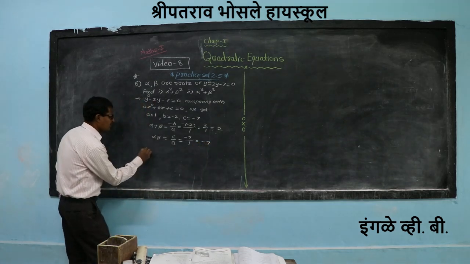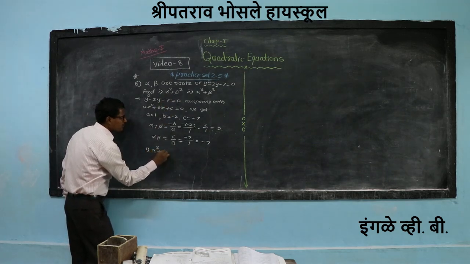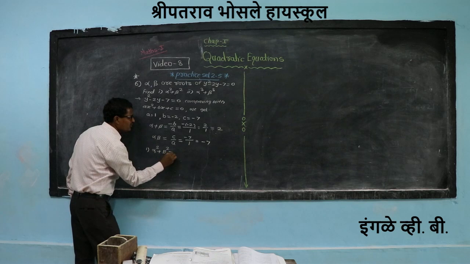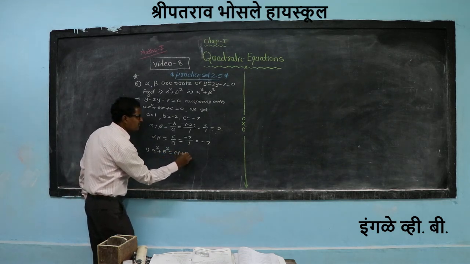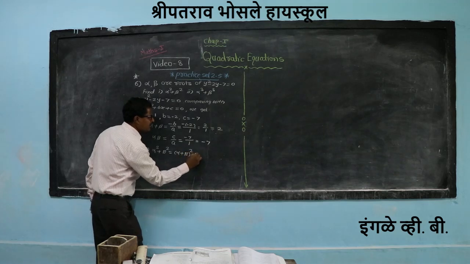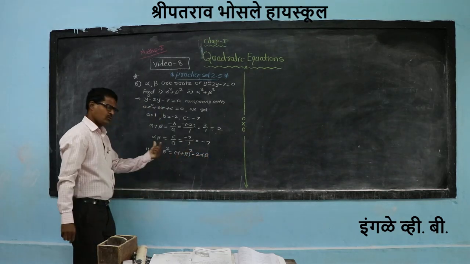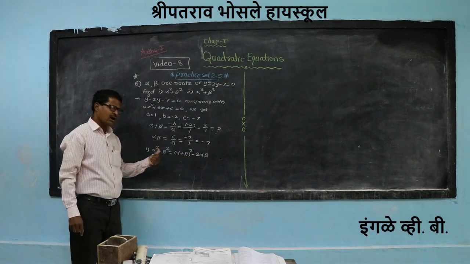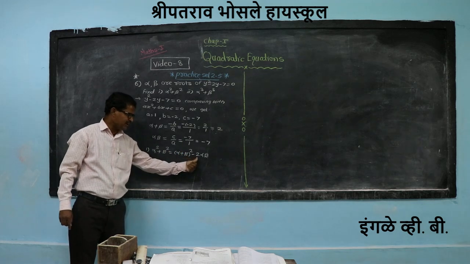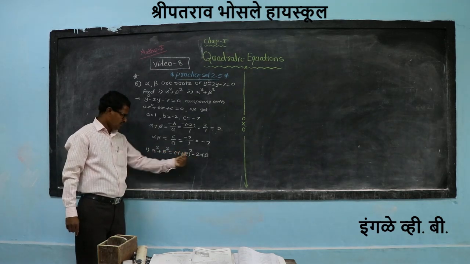Now we take the first term, alpha square plus beta square, which is equal to alpha plus beta square minus 2 alpha beta. We know that alpha plus beta square is equal to alpha square plus 2 alpha into beta plus beta square. We have to interchange the terms.